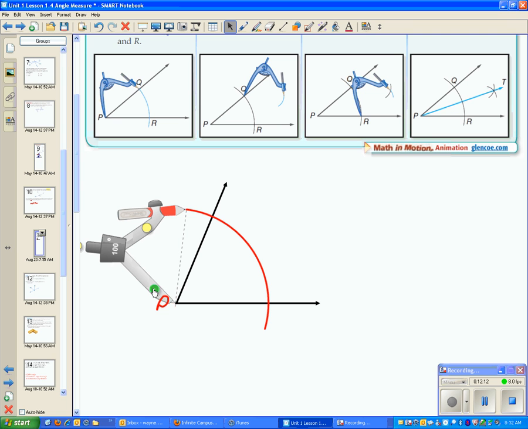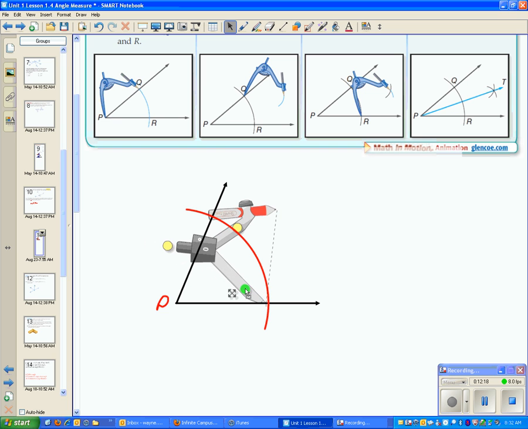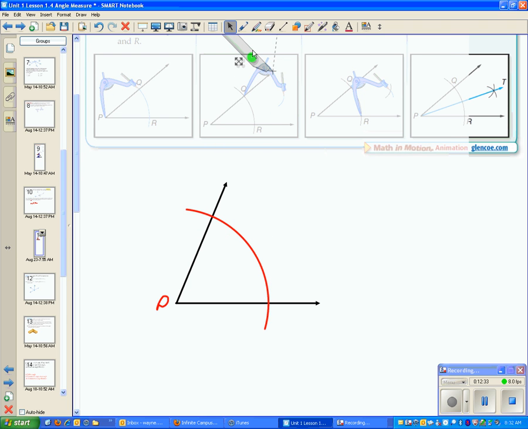Now, I'm going to then move the point of the compass to one of the points of intersection of the arc on one side. Maybe if I label it something, it'll be easier. Let me move this out of the way. And I'll do what the book did.